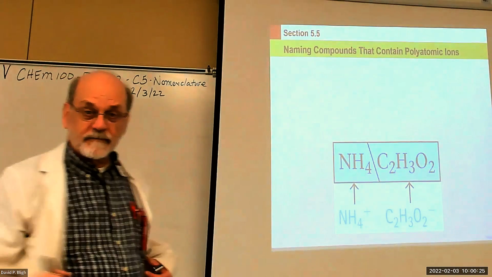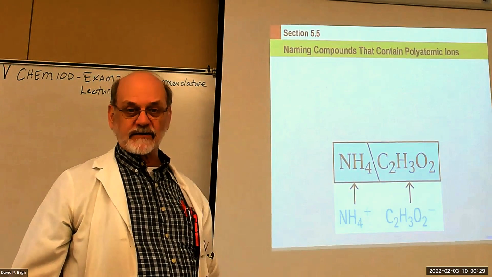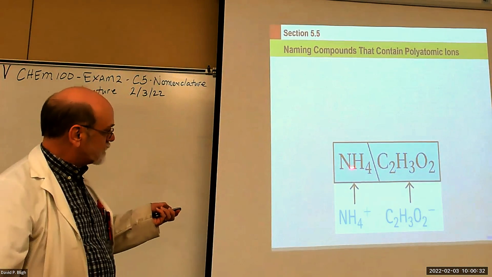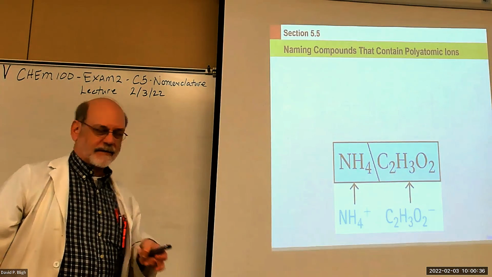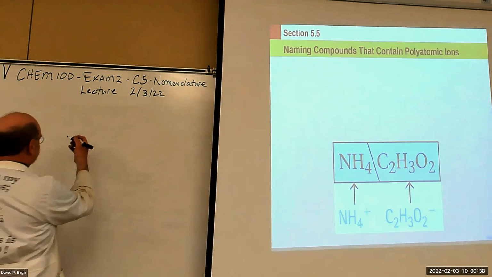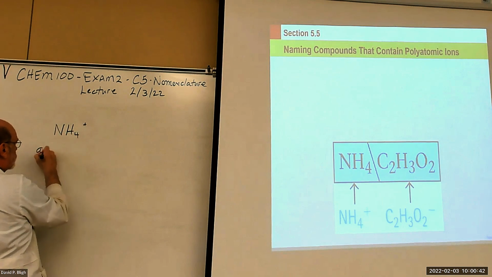Here's a good example. This compound is composed of 2 polyatomics, NH4 and C2H3O2. And so NH4, we know, is ammonium.